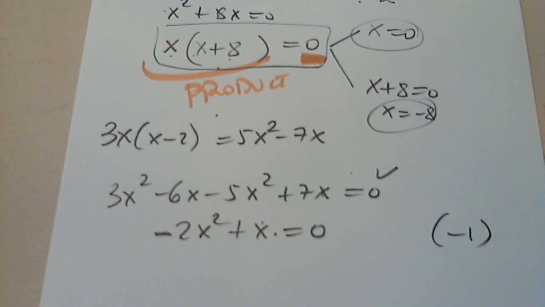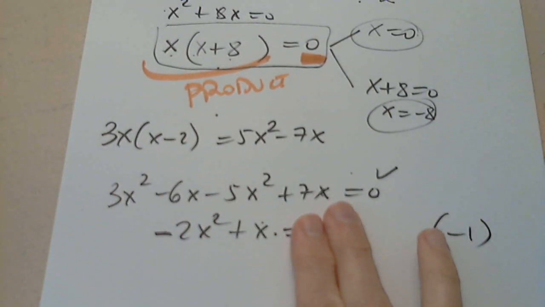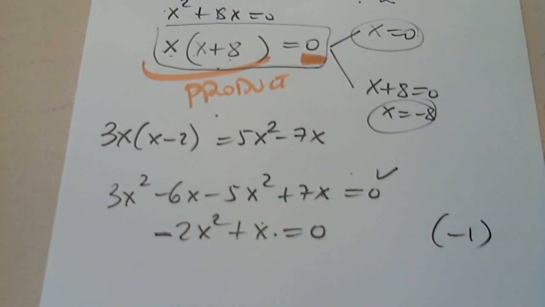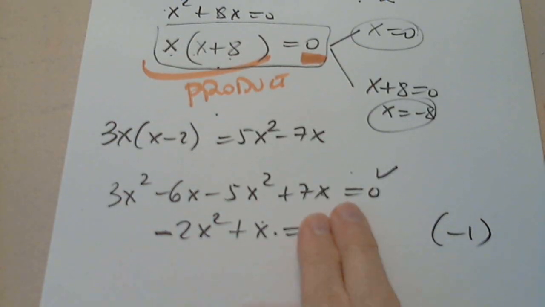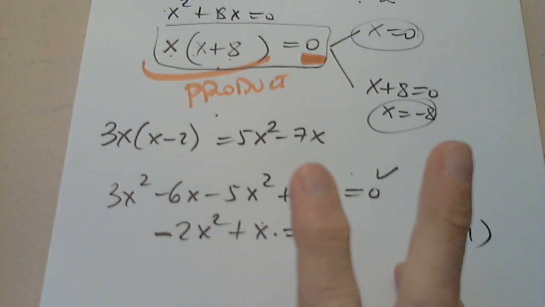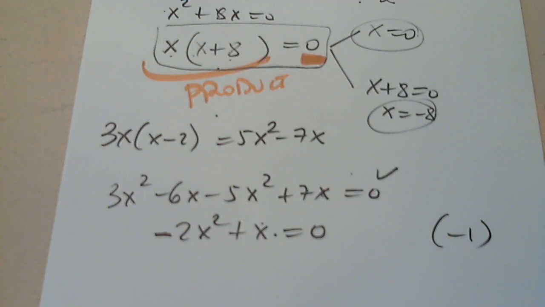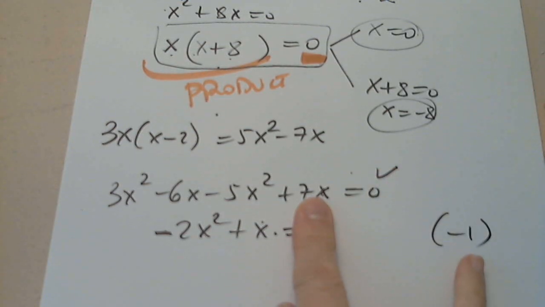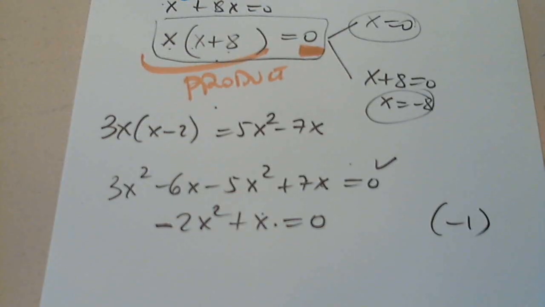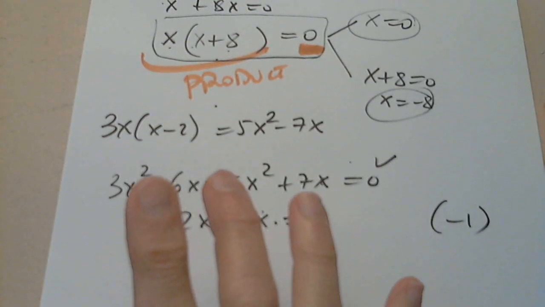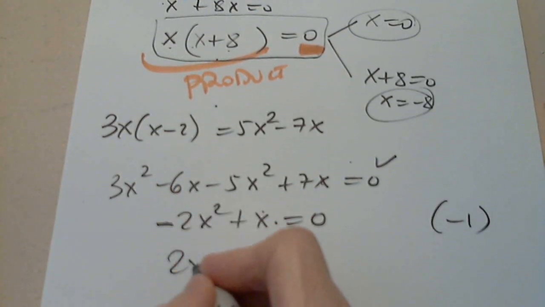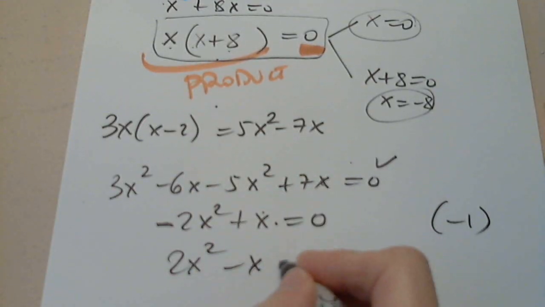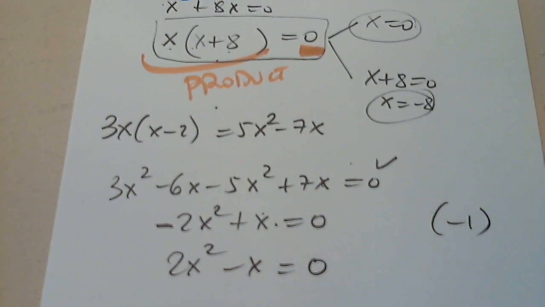Do not confuse the expression with an equation. In an expression, I'm not allowed to multiply by negative 1. In an equation, I can because I multiply both sides. But if this is an expression and I'm only asked to factor, I can never do this. But it's an equation. So this times negative 1, this times negative 1, this times negative 1.